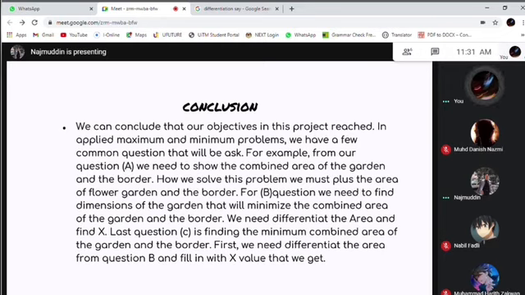For question B, we need to find the dimensions of the garden that will minimize the combined area of the garden and the border. We need to differentiate the area and find x. Last question, C, is finding the minimum combined area of the garden and the border. First, we need to differentiate the area from question B and fill in the x value that we get. So, thank you.